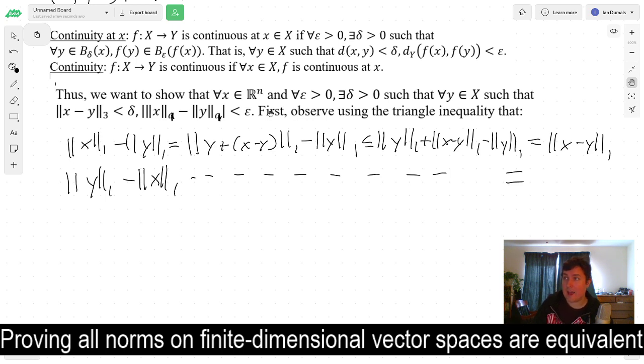Therefore, the absolute value of the difference, because it doesn't matter which way we subtracted them, if we get the same thing, then the absolute value of the difference is equal to this value. Sorry, it's less than or equal to. So I'm going to write that down. We get this minus this is less than this minus this.